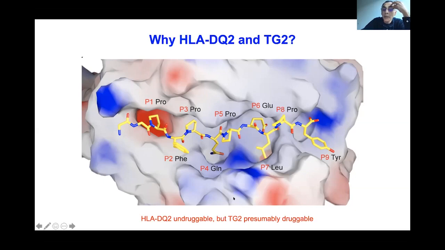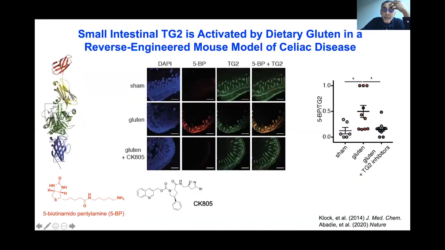And so perhaps one might be able to drug that. This is a problem where chemistry actually moved considerably faster than biology. We needed to engineer tool molecules that could allow us to study the biology and pharmacology of TG2. But at the same time, because there was no animal model for celiac disease, there was a need in the field for a mouse model of this disease.